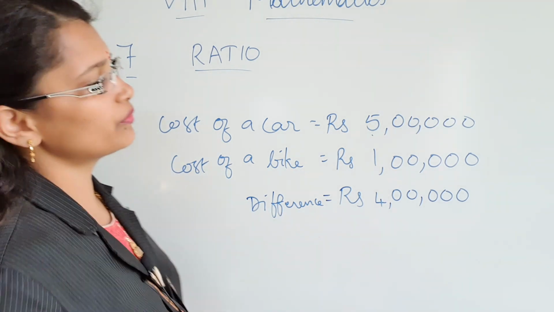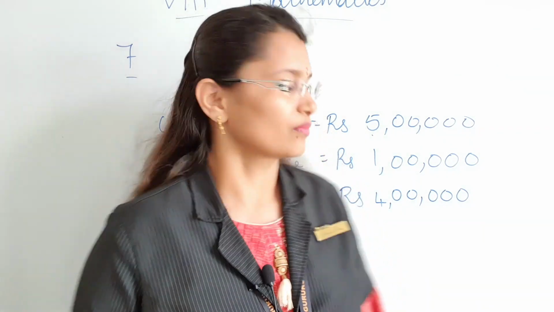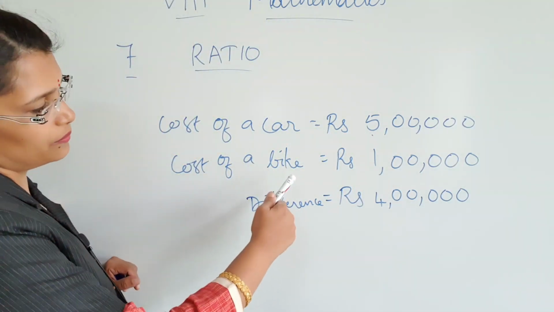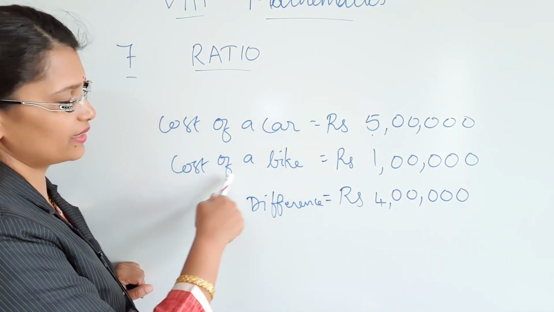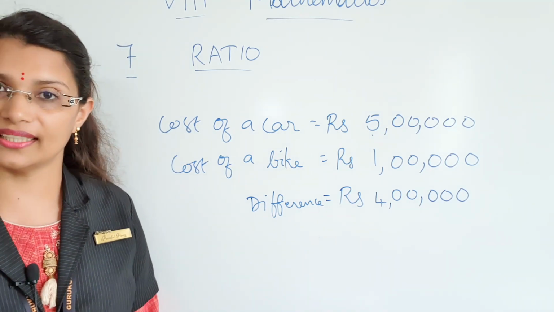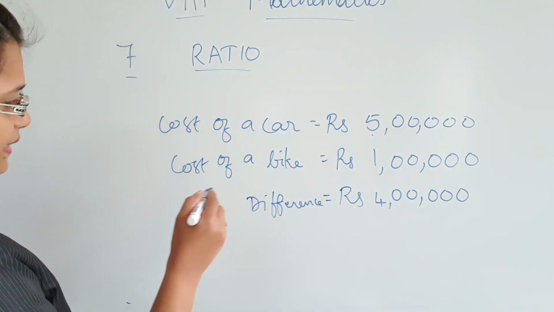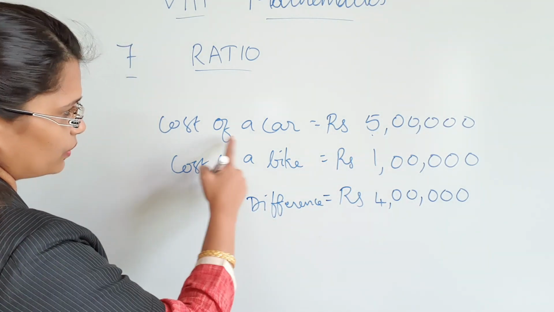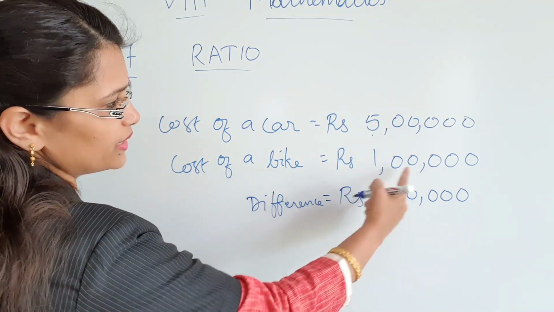The same thing we are going to do in another way. That is, how many times the cost of car is costlier than the cost of bike? You already learned that times means multiplication, right? So, cost of a car is rupees 5 lakh, cost of a bike is rupees 1 lakh.